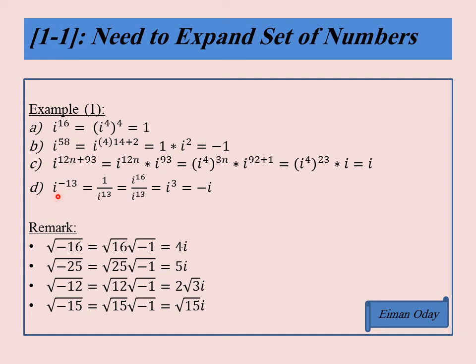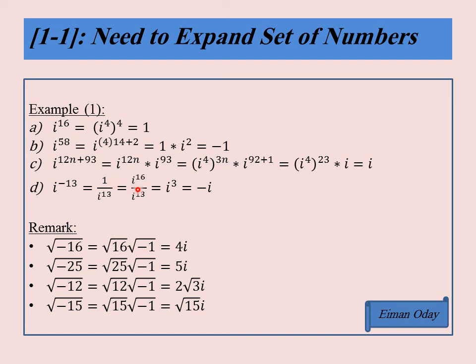See, i to the power negative 13. This is a negative exponent. In the previous slide, we talked about making negative 7 as negative 8 plus 1. So what if we do it as 1 over i to the power 13 and change it to a positive exponent? This 1 can be written as i to the power 4 or any multiple of 4.